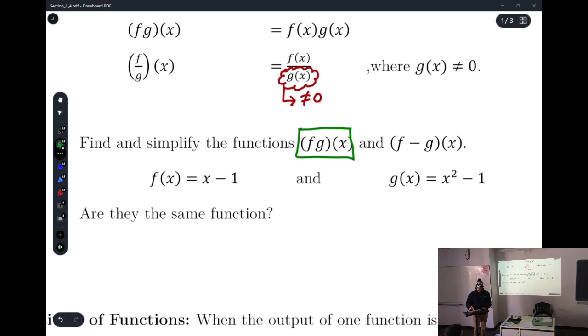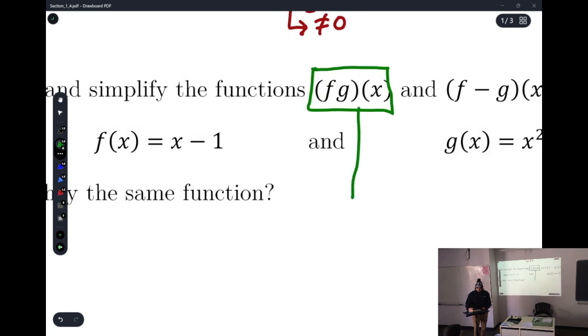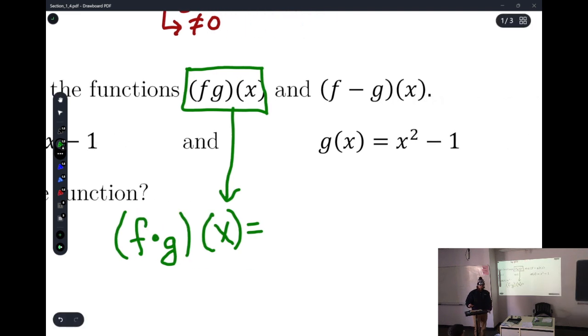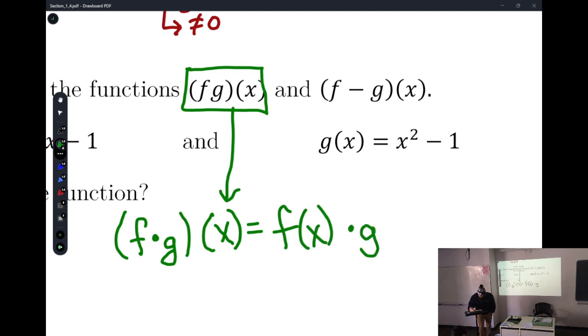F times G. Okay, so this is another fun way to write F times G of X, right? Which is another fun way to write what from up above. I'm not going to scroll up. That's exactly what we're talking about. One function times another function.